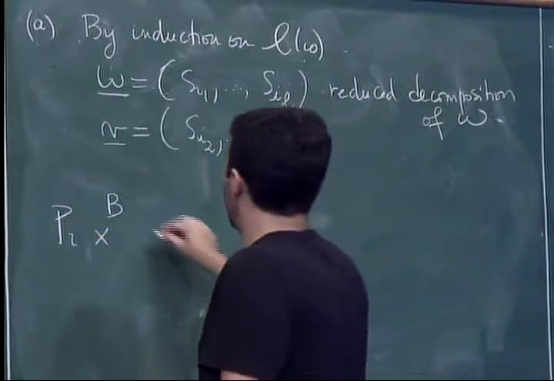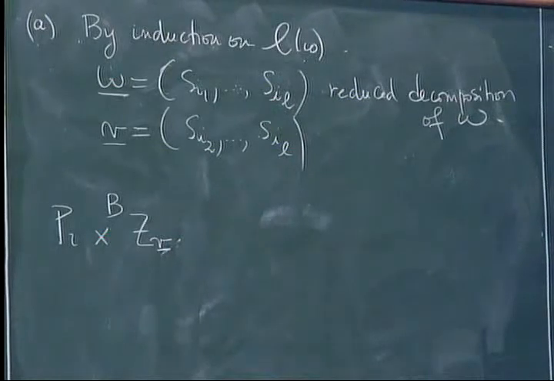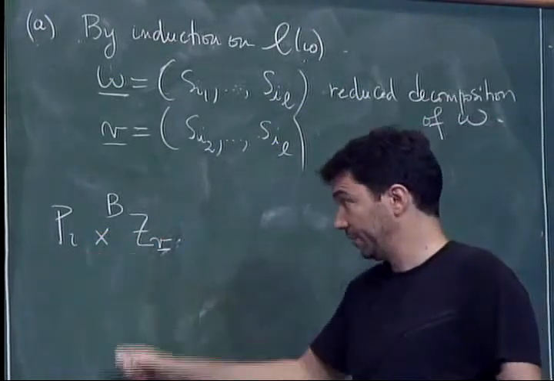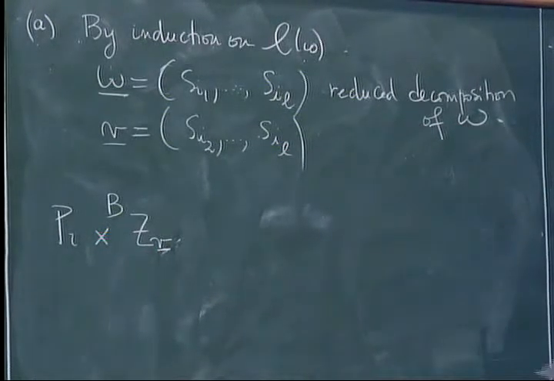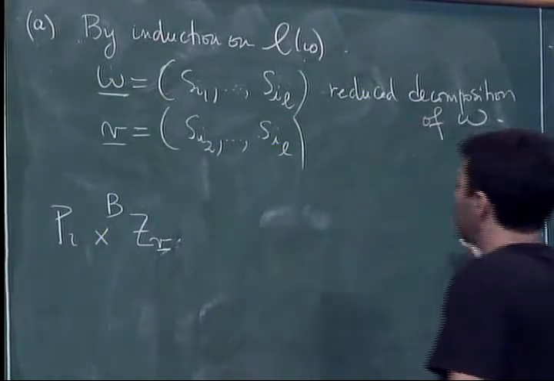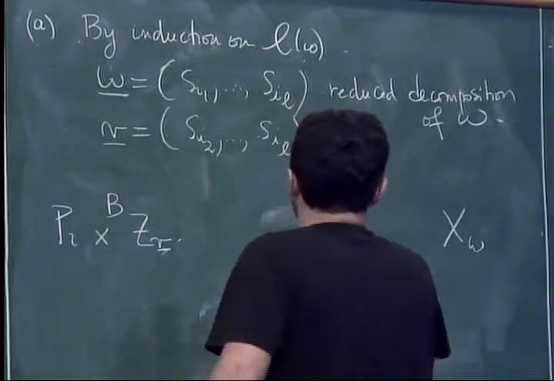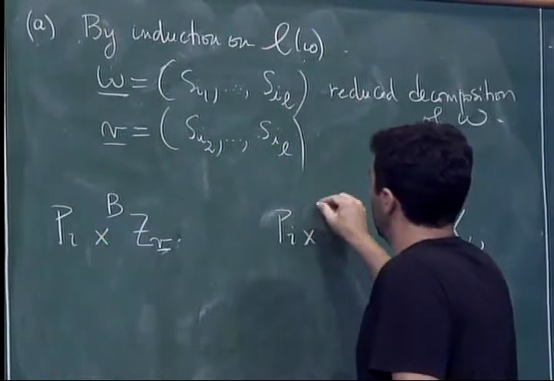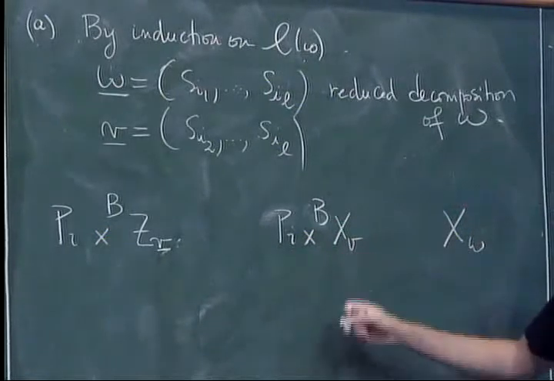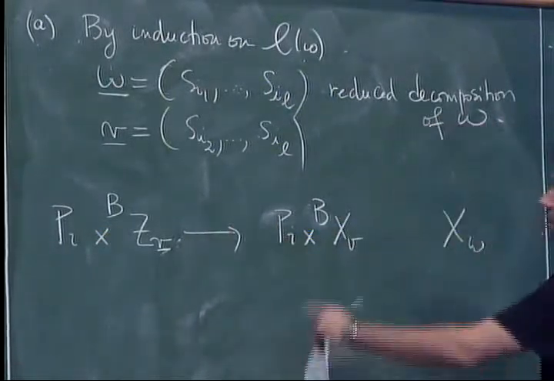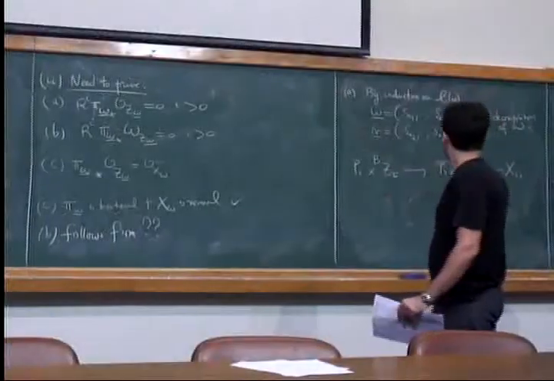Now you consider pi cross Z_v, mod out by B acting again on the right and on the left. So Z_v is mapped into X_v, so you consider the corresponding quotient, and finally you consider the map we considered before.